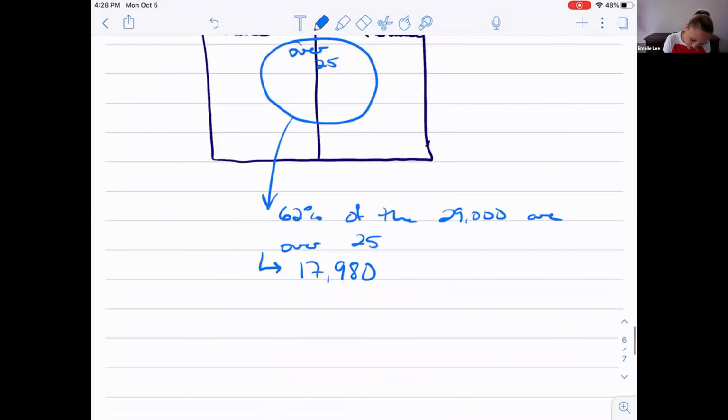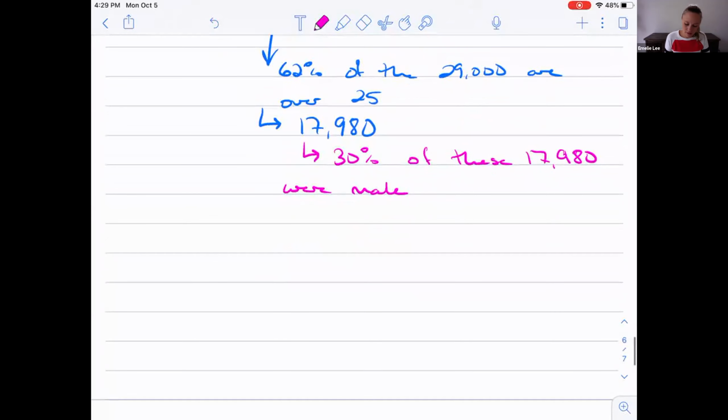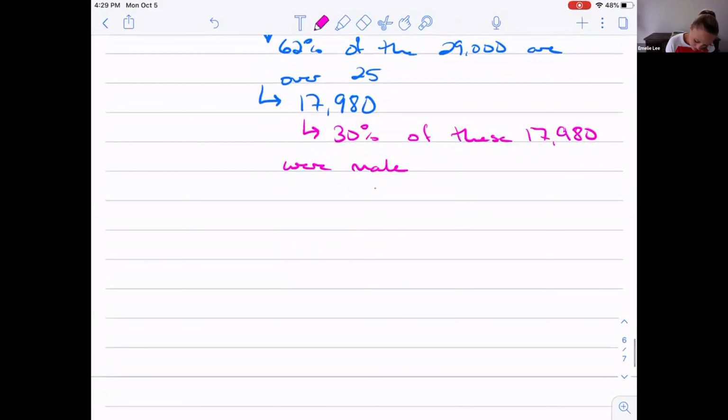So we're told that 30% of these 17,980 were male, right? And so then we have times 0.3. So therefore, 5,394 are males over 25.